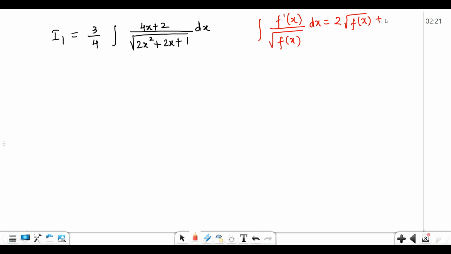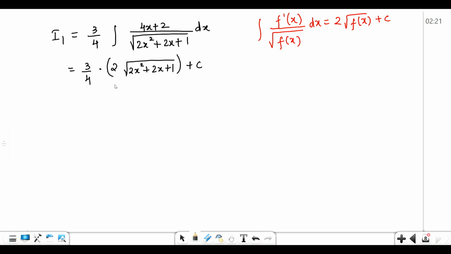This is the form that you can use, but you always have to verify that in the numerator you have the derivative of the denominator. Here we already have it, so we can directly write on the right side 2 times square root of 2x square plus 2x plus 1 plus c.